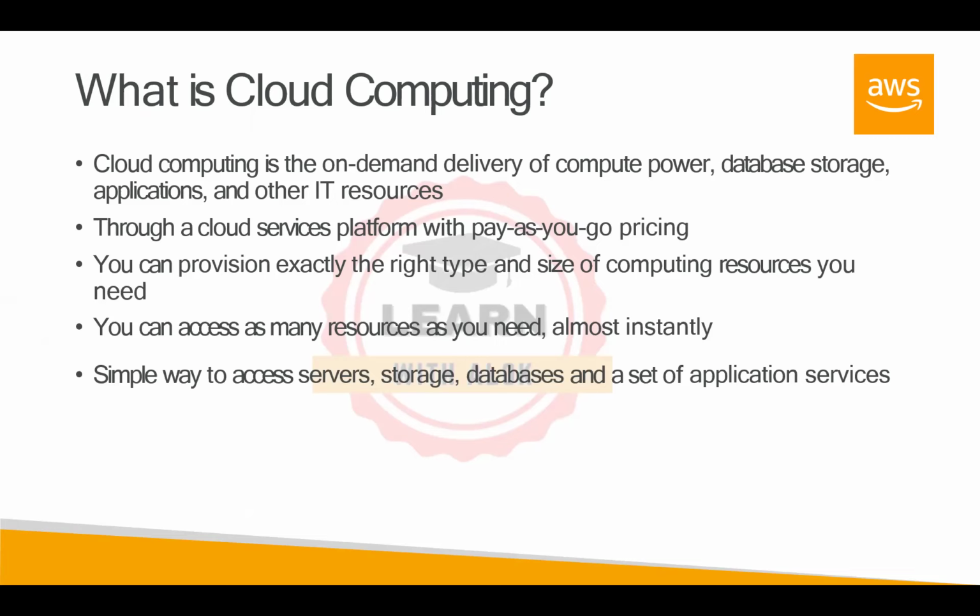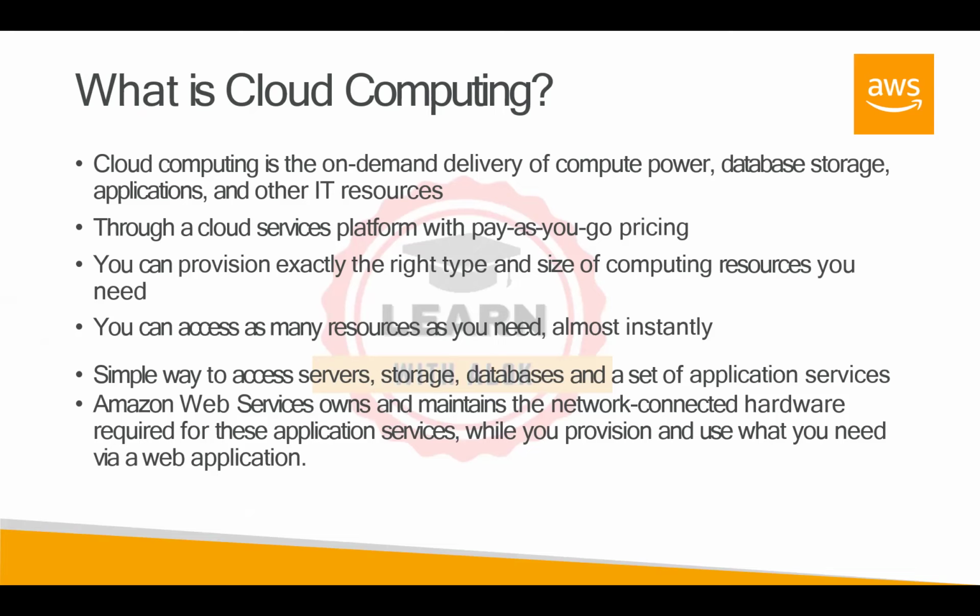You can manage your servers, storage, databases, and whatever application services you are using from the dashboard of AWS, or you can use the Cloud Development Kit, or you can use the AWS CLI. So these are the three ways you can manage all your resources.